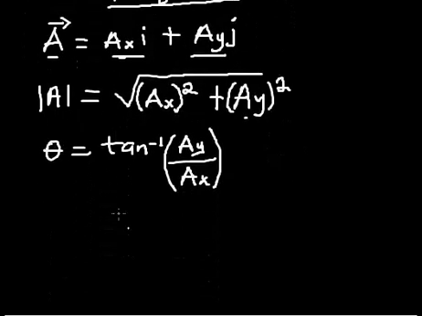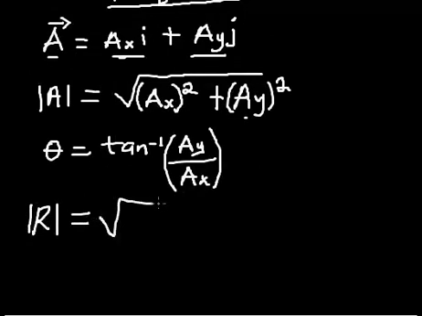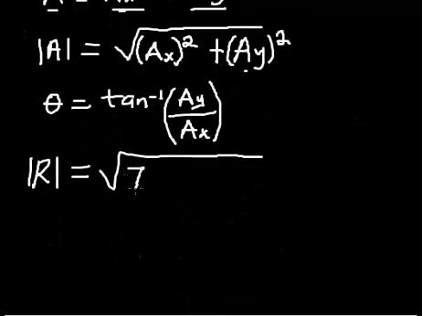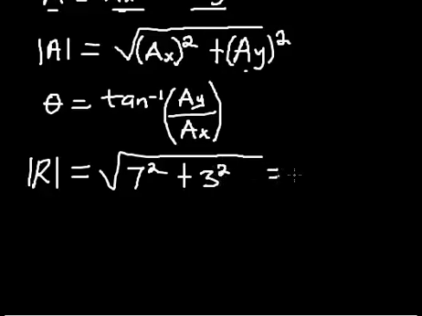The magnitude of my resultant R becomes the square root of 7 squared plus 3 squared, which is 49 plus 9.